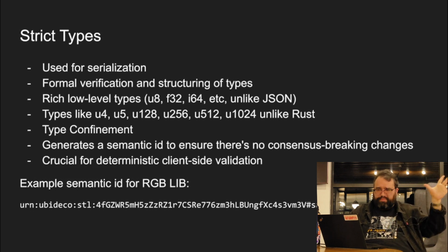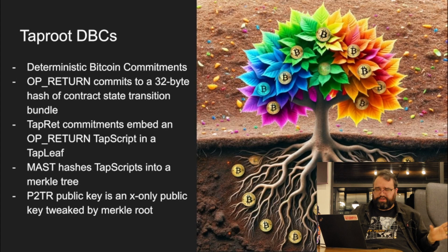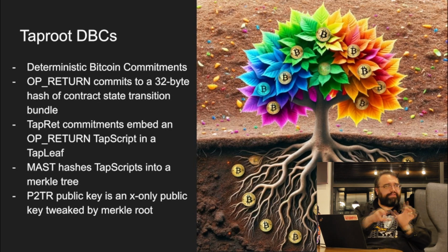It's a little bit more complex than that, but it's essentially a hash of the data structure, essentially a hash of the contract. And when you have this 32-byte hash, you put it into an opret, and then the opret is embedded in a leaf of Taproot.